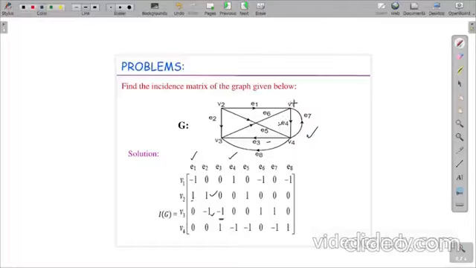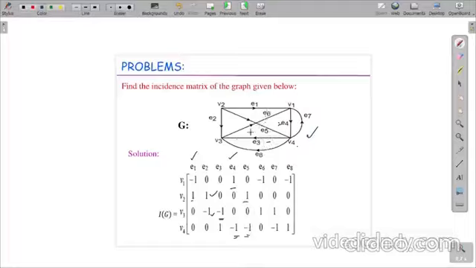Edge E4 goes out from V1 into V4, that is minus 1, this is 1, and the rest are filled with 0. Edge E5 goes out from V2 into V4, that is minus 1, and the rest are filled with 0.